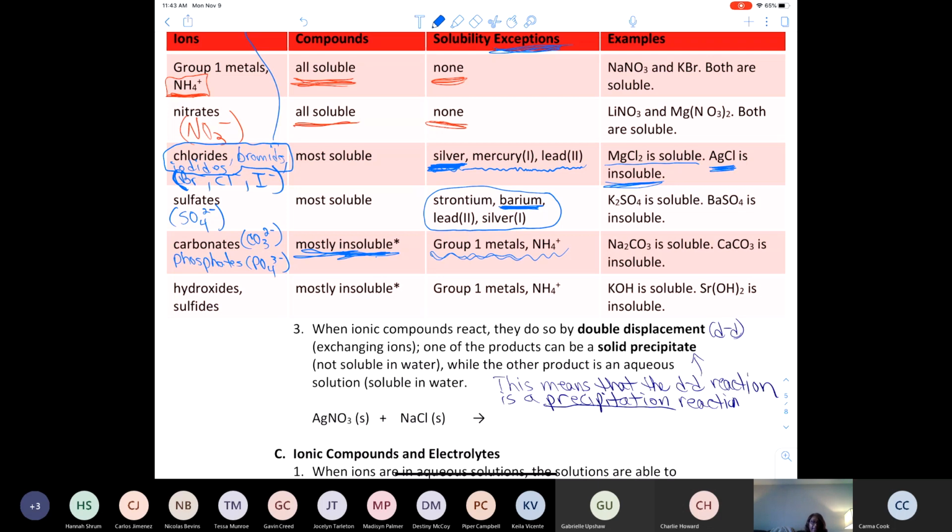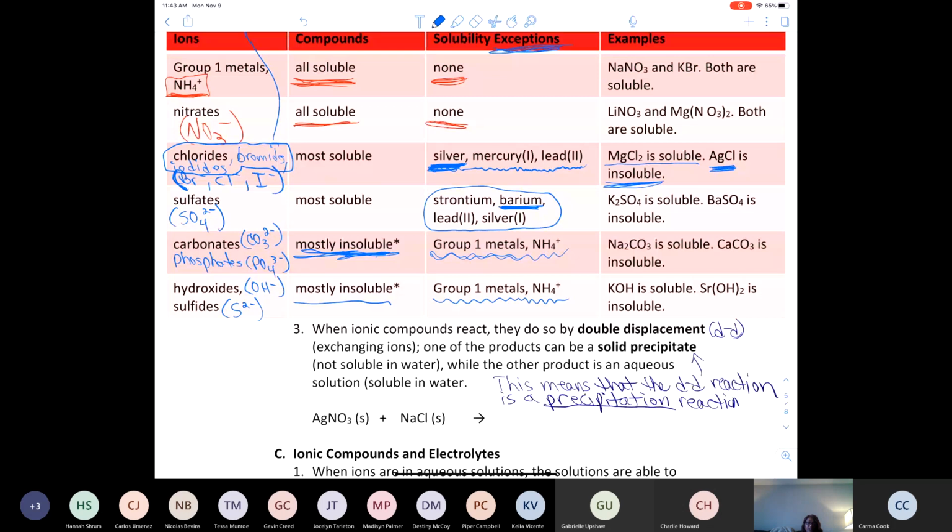And then hydroxides, those are OH minus ions, and sulfide is S2 minus. So if an ionic compound contains the hydroxide polyatomic ion or a sulfide monoatomic anion, then that ionic compound will be mostly insoluble, except if it contains a group 1 metal or the ammonium ion.